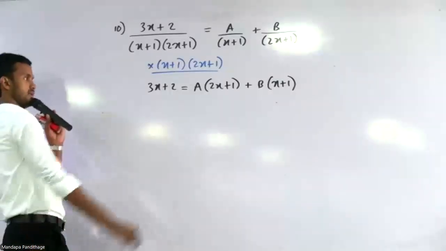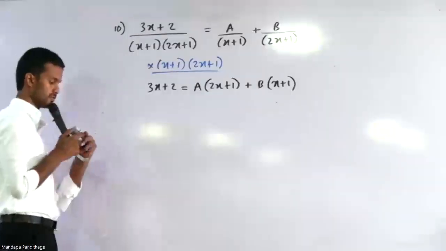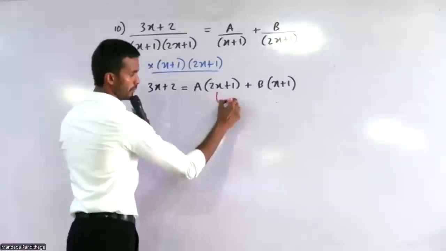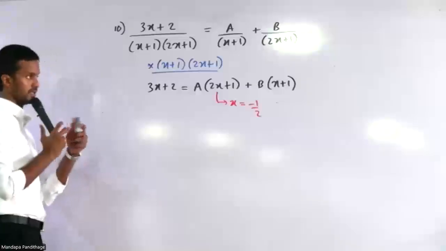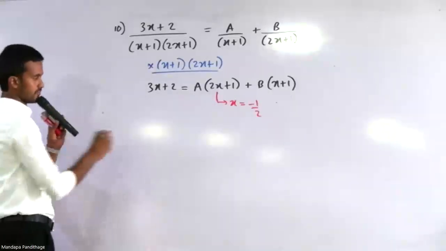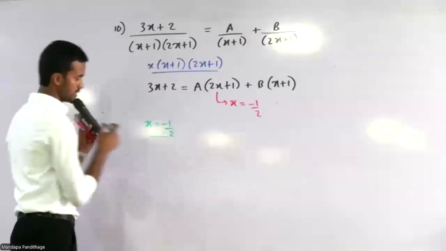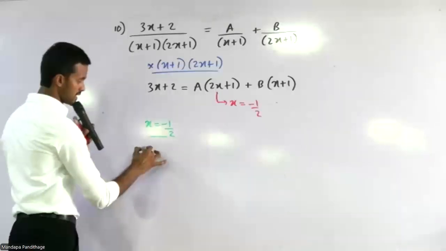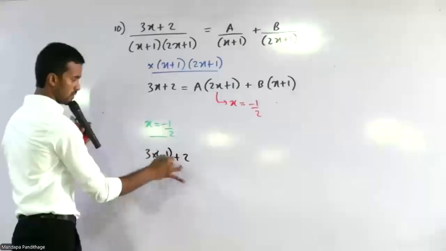Clear? Okay. So you can make this factor equal 0 when you put x equals minus half, because this becomes 0 when x is equal to minus half. It's 3 into minus half plus 2.